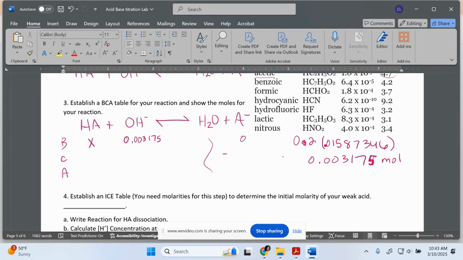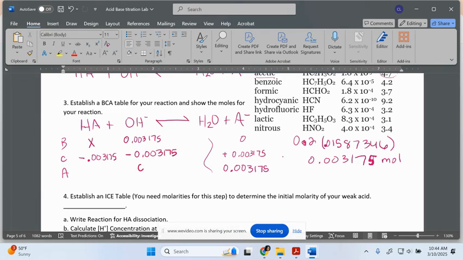So we're going to plus 0.003175, which means that we will have created that much of the conjugate base. I will have used up that amount here, and I will have used up that amount here.